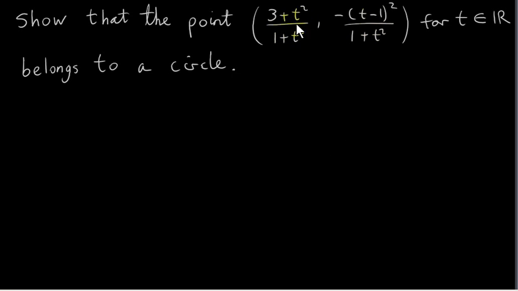So this point will belong to a circle if the connection between x and y follows the equation of a circle. We know that if (x, y) is a point on a circle, then it has to satisfy an equation of this form.